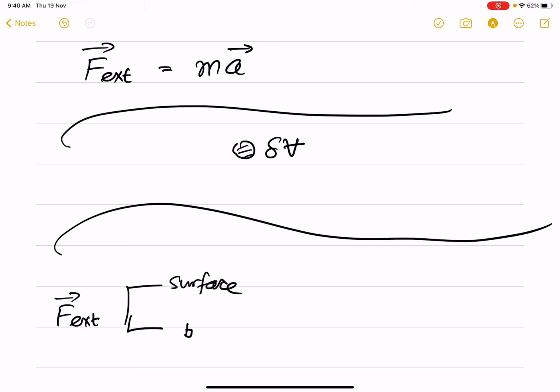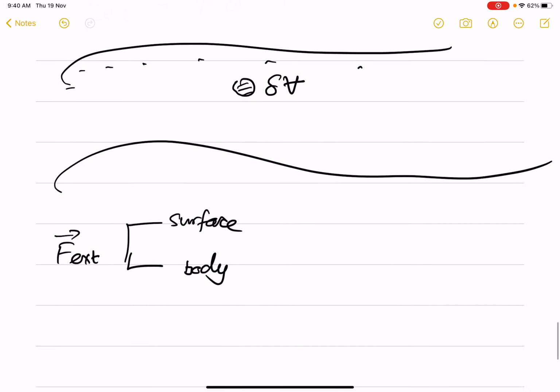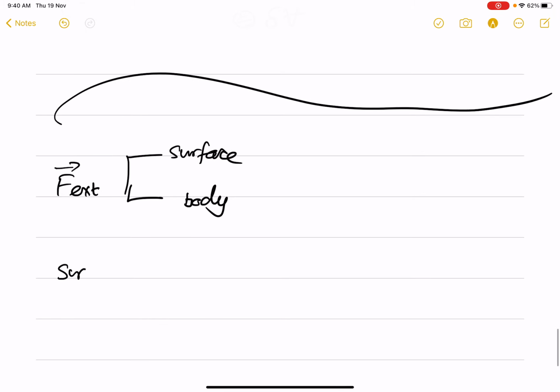So on this entire fluid we have picked up a volume here, and the external forces which will act on this volume will be either surface forces or body forces.